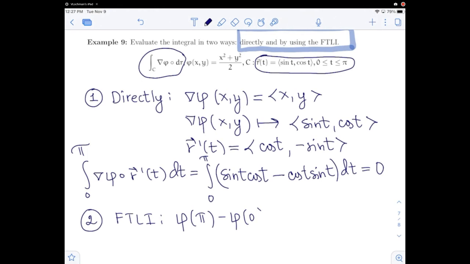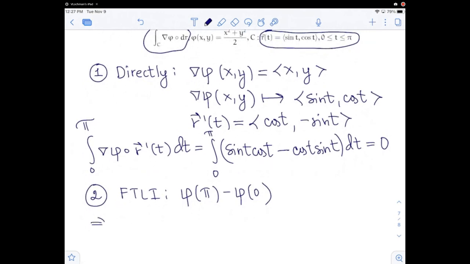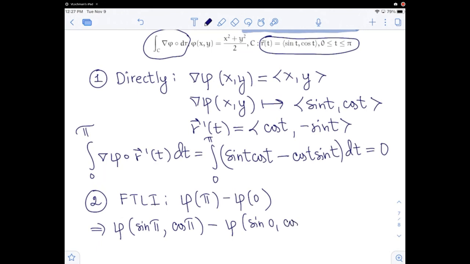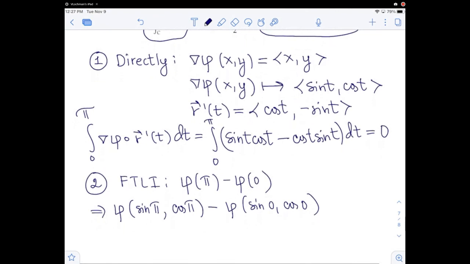So phi of pi minus phi of 0, what does that equal? Phi of pi is sine of pi cosine of pi, minus phi of 0, sine of 0 cosine of 0. Sine of pi is 0, cosine of pi is -1.